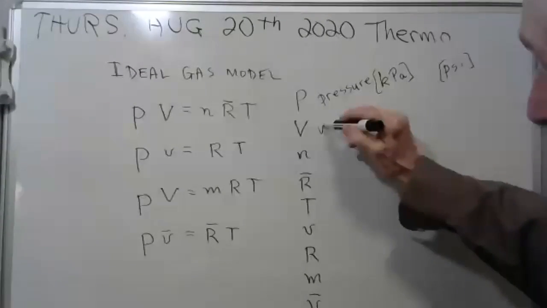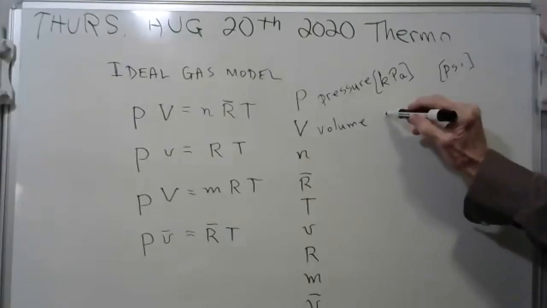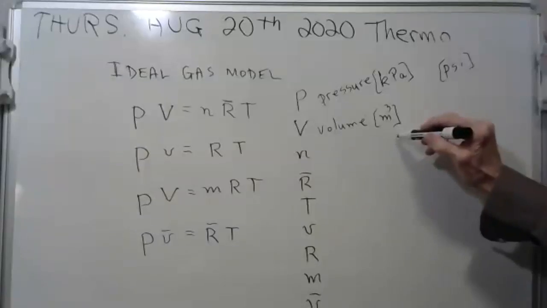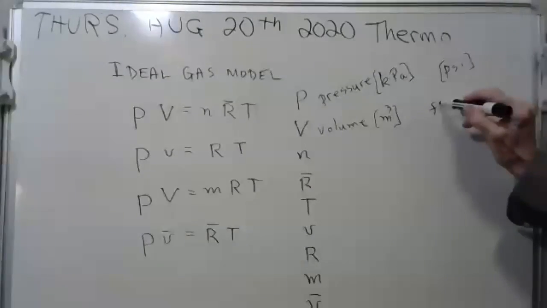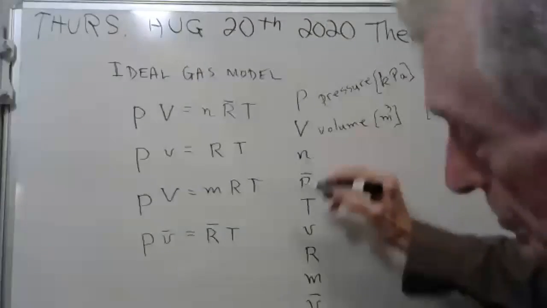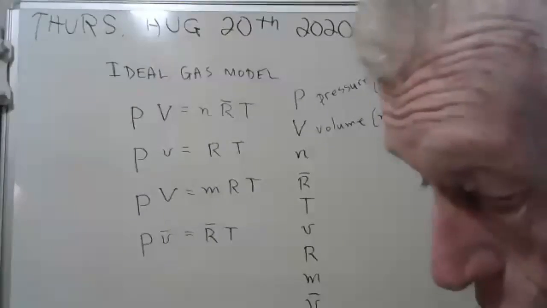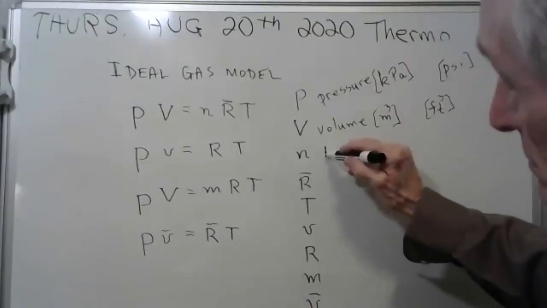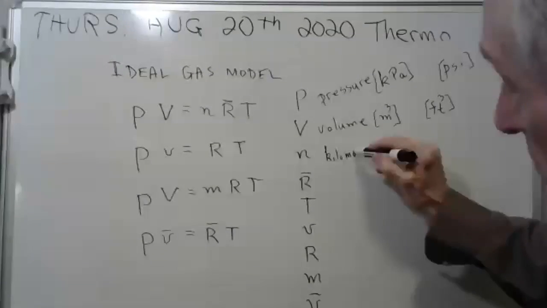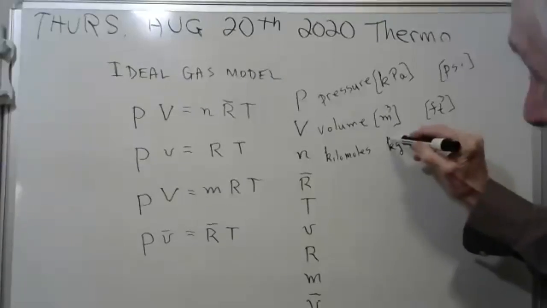This one's volume. It's cubic meters, but in English it would be cubic feet. This is called the number of kilomoles, and it's in units of kilomoles.